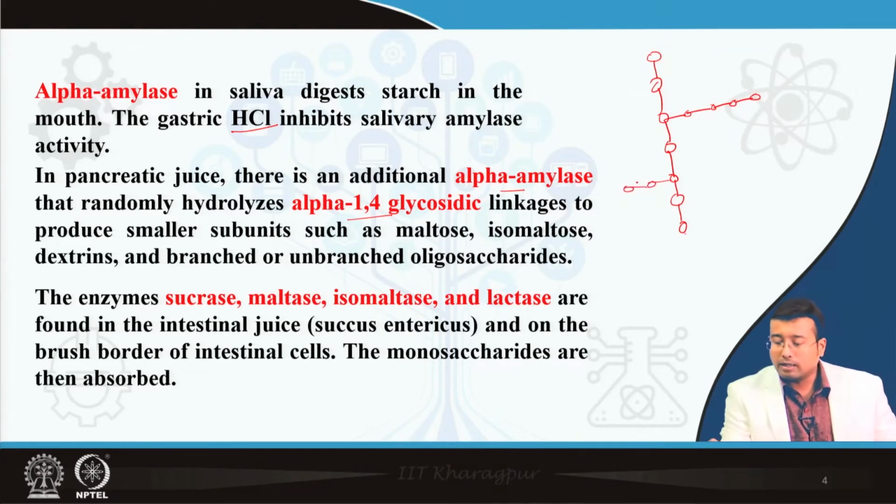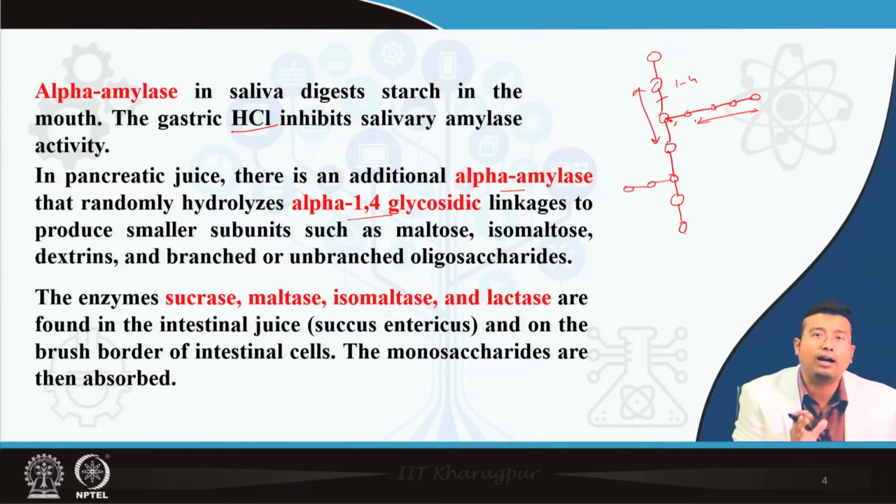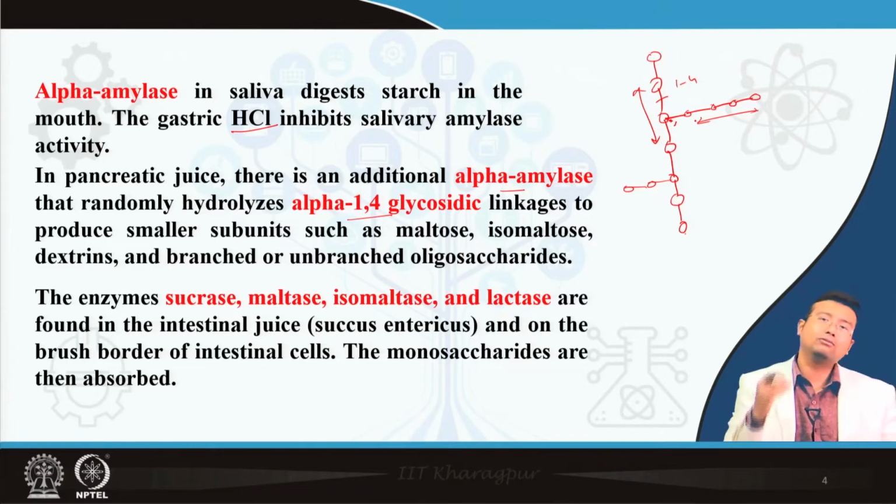Whenever we are considering these straight bonds, they are alpha 1,4, and whenever a bond is at a right angle, that is a branch point, this is alpha 1,6. So, alpha amylase can easily digest or break down these alpha 1,4 glycosidic linkages.